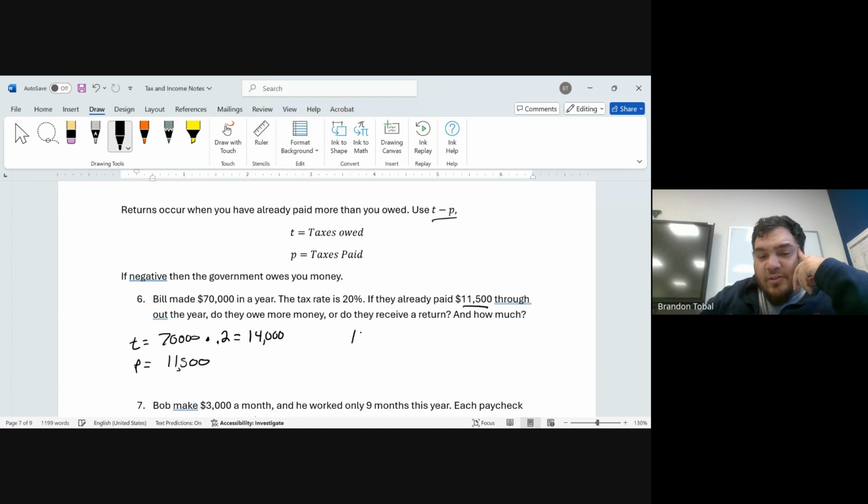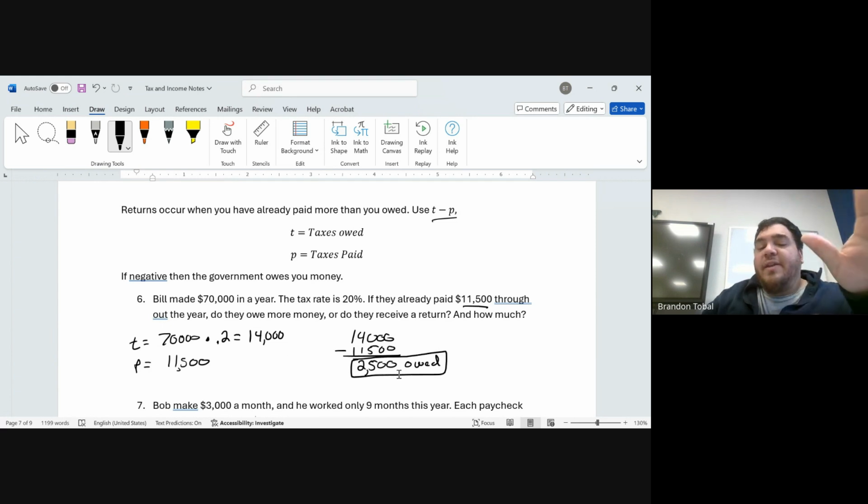Which means I could do 14,000 minus 11,500. That's going to be 2,500. That's how much is owed. So he's going to have to send the government $2,500. Remember, if it's negative, that means the government sends him money.